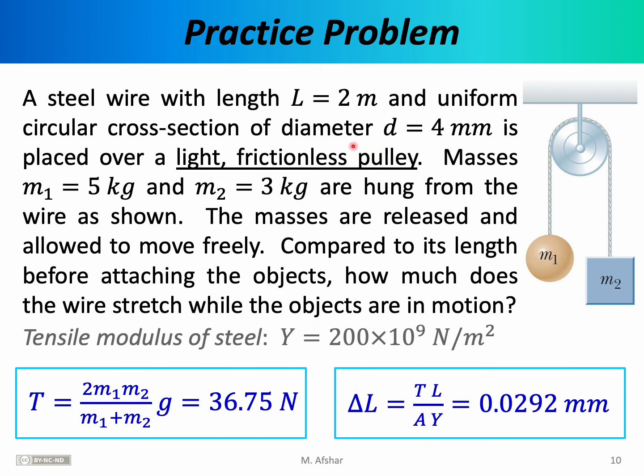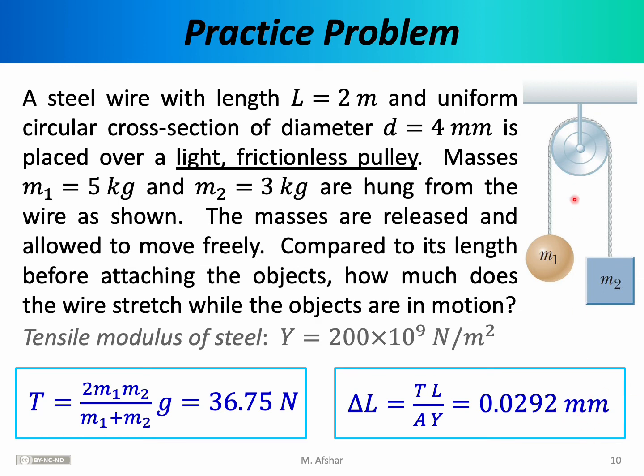We can calculate that because we know that the diameter of the rope is 4 millimeters. Don't forget to convert that to SI units. And then, of course, the Young's modulus or the tensile modulus is given to us for steel. Plugging those numbers in, we'll see that this steel wire does not change in length by very much. The change in its length is only 0.0292 millimeters.